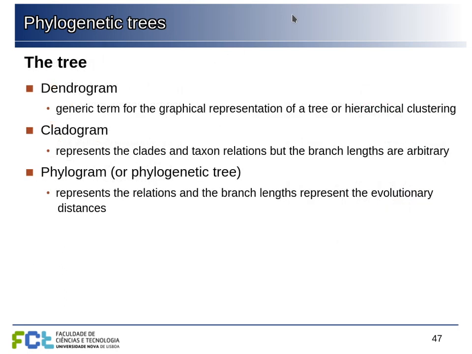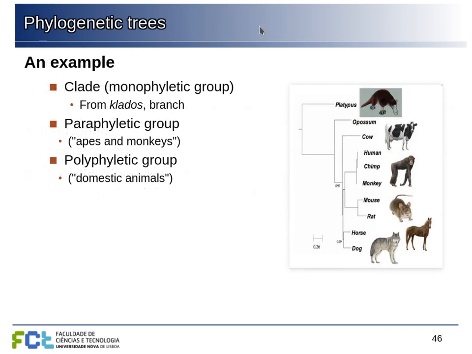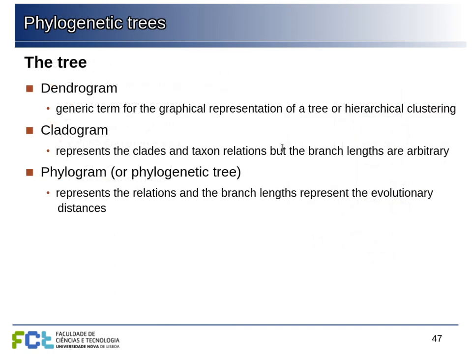The tree itself, a dendrogram is just a generic term for this kind of representation, but we can consider two types. A cladogram represents the clades, all the branches, but does not assign any meaning to the branch length.